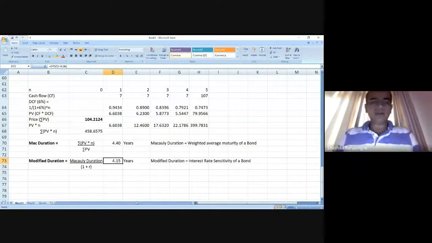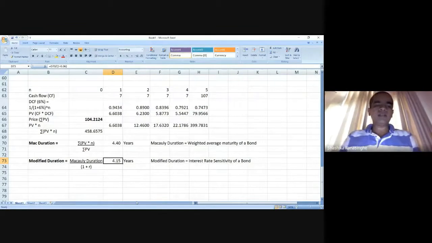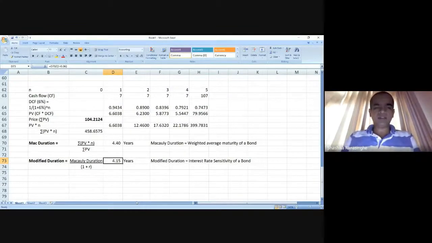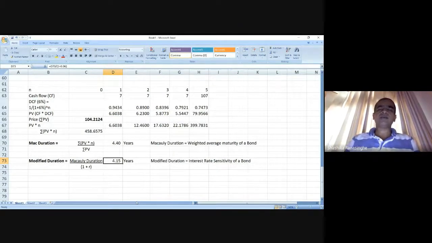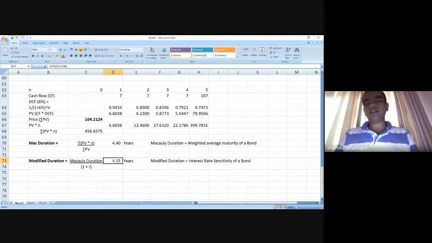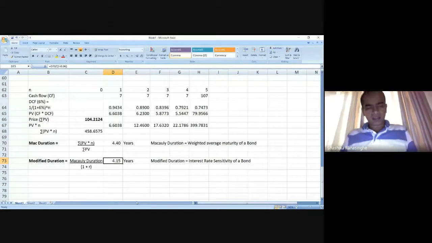Because the zero coupon bond which has the same interest rate sensitivity will have a Macaulay duration of 4.4, meaning a maturity of 4.4 years, because the Macaulay duration and the maturity of a zero coupon bond are the same. Okay, understood?